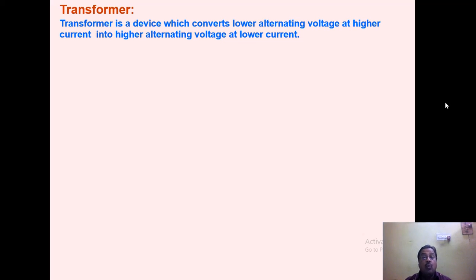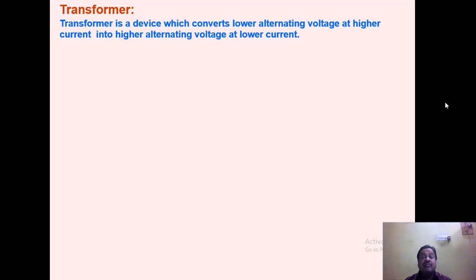As for example, in an X-ray machine, an X-ray tube requires very high voltage, thousands of volts, but in some other devices like the filaments of a diode, it requires as low as 6 volts for its operation. So some devices require very high potential difference, and some require very small potential difference.